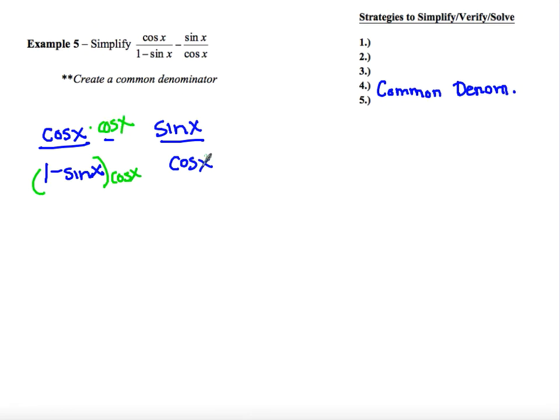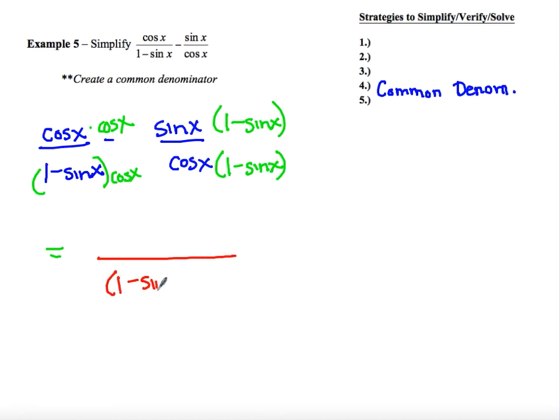And then in my second fraction, it already has a cosine, so that one's going to be multiplied by 1 minus the sine. Okay. So as I just created that common denominator, my entire denominator will be 1 minus the sine times the cosine. So you see those denominators are both going to be 1 minus the sine times the cosine. So I'm just going to combine those together right now.